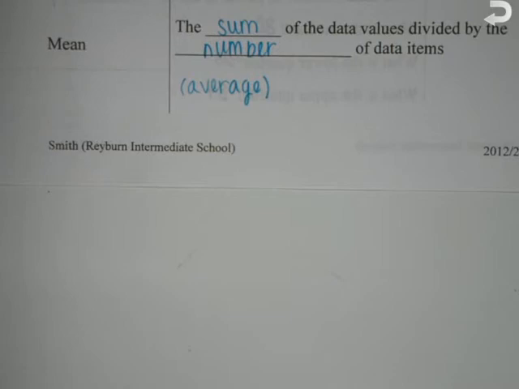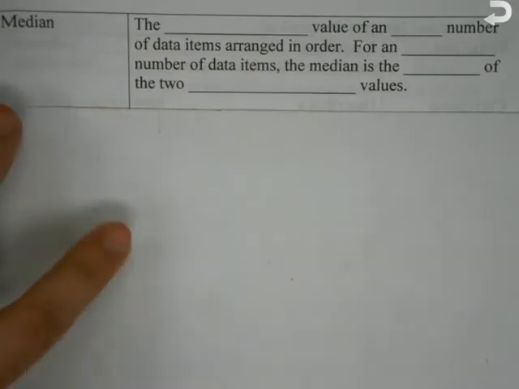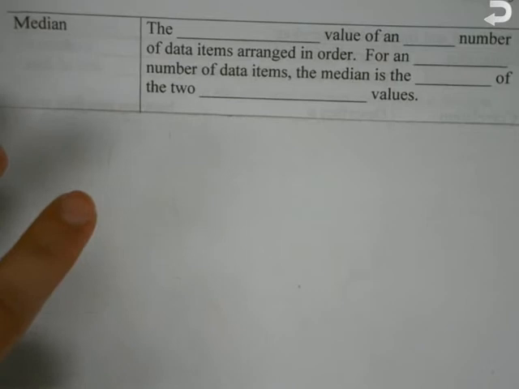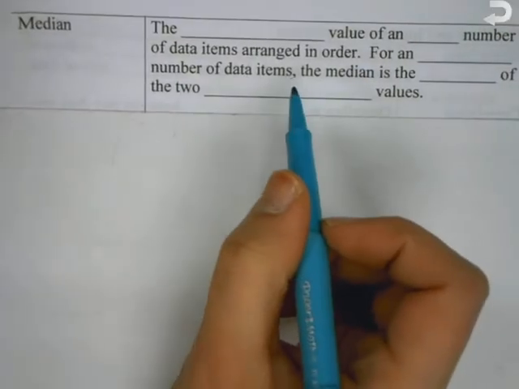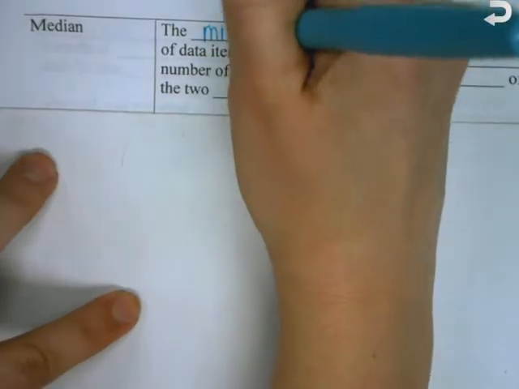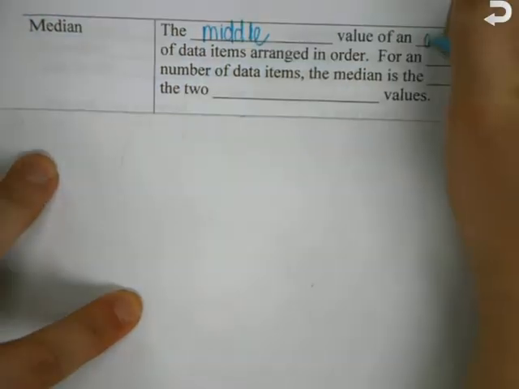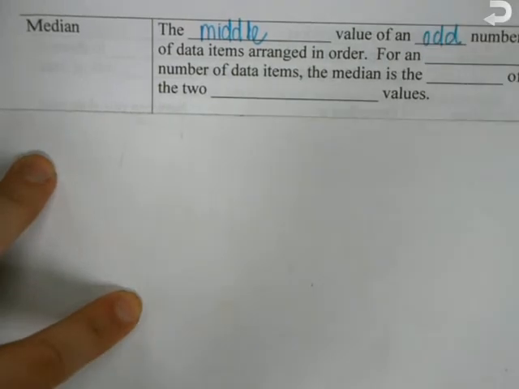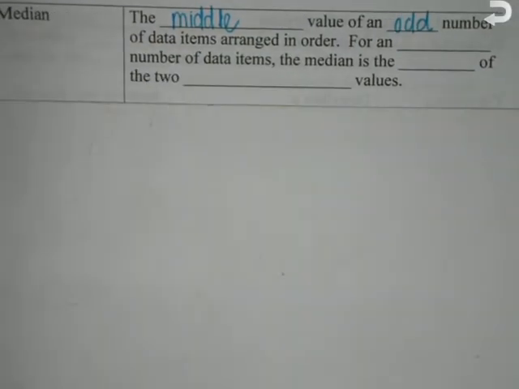Median kind of sounds like what? Middle. So median is the middle value of an odd number of data items. So when we have an odd number of data items, we just find what the middle one is after we arrange them in order from smallest to biggest. What happens if we have an even number of data items?